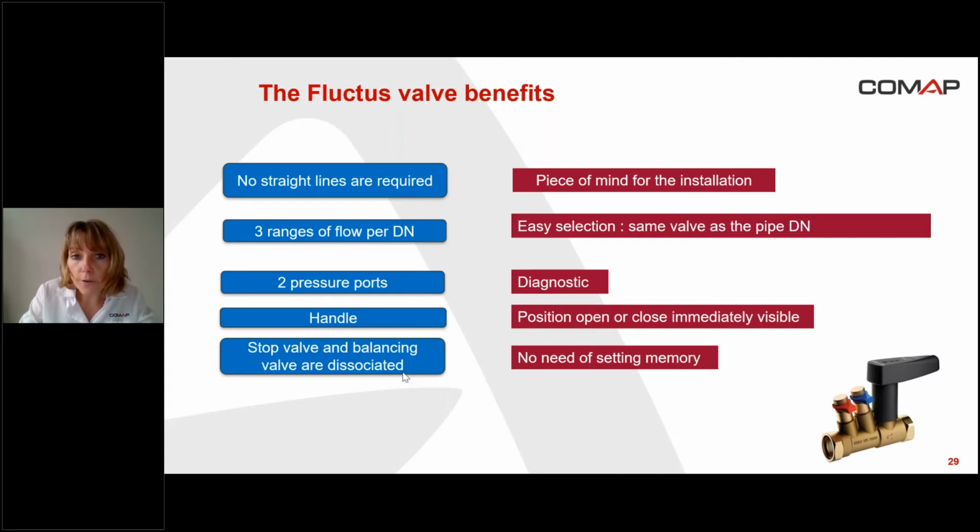That means for the valve selection, we take the valve with the same DN as the pipe. There are 2 pressure ports, so it's useful to do diagnostic. There is a handle for the stop valve, so we can see immediately if the valve is open or closed. And it's a combination of a stop valve and a balancing valve, and there is no need of setting memory.